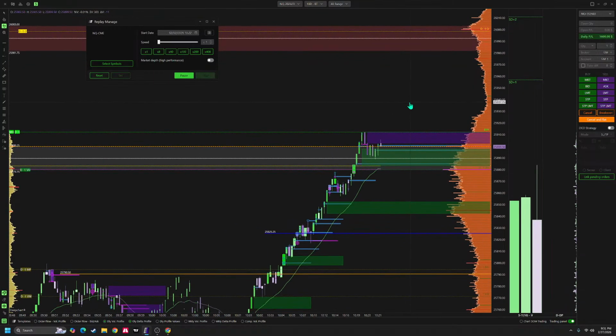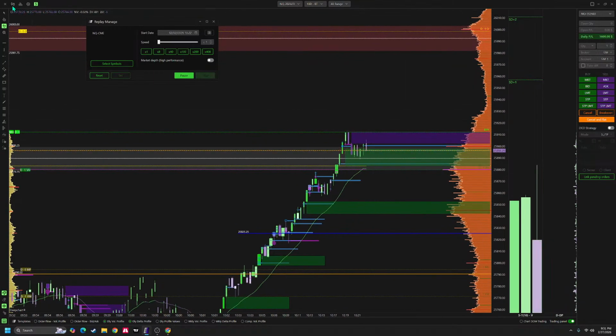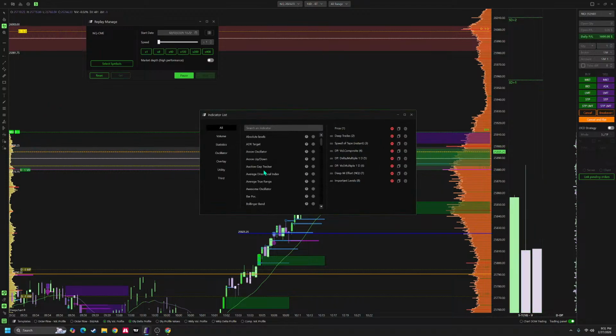So we're almost an hour into the session. So one more indicator that we can put on here, it's just like it's never enough, right? Is the initial balance.